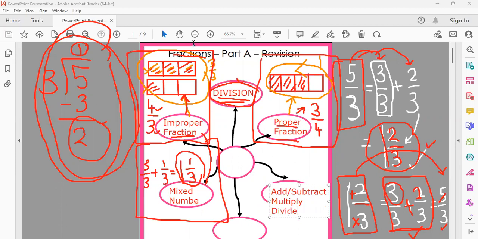The last part is linking up fractions with their cousins, the decimals, understanding fractions as decimals as well as percentages. That will be covered later. For now, we are going to look into the operations: addition, subtraction, multiplying fractions. And last but not least, after all this, you would have word problems.